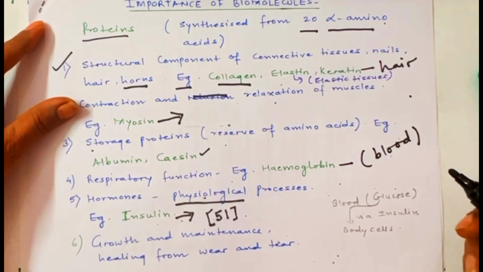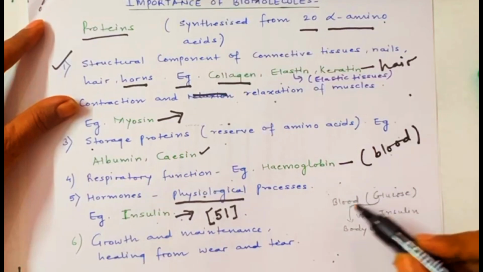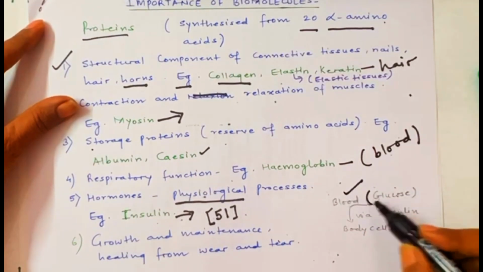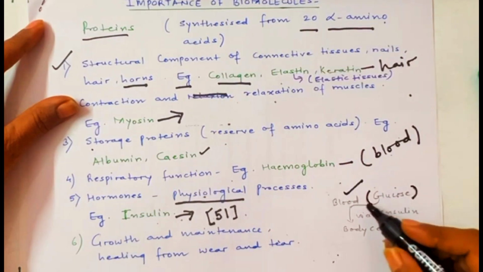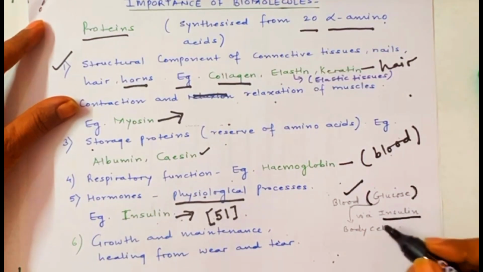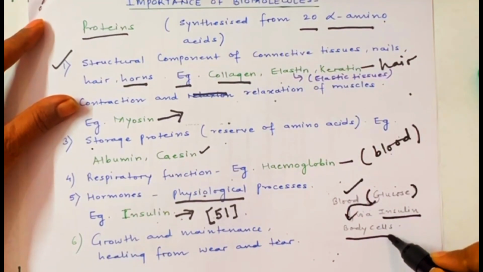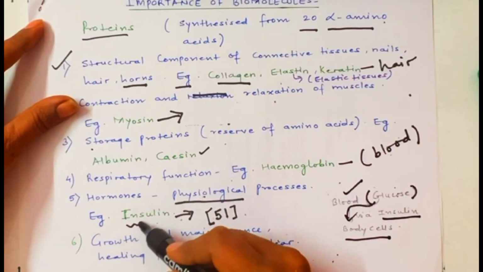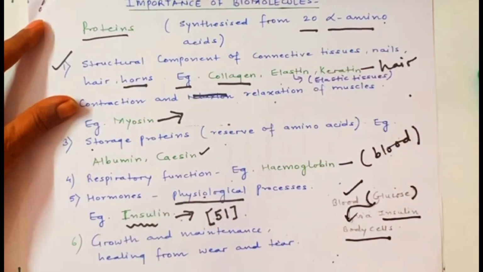So here we can see that when we consume carbohydrates, the glucose is transferred to the blood, and through the hormone insulin, the glucose is transferred to the body cells. So basically insulin functions as a mediator, maintaining the balance of glucose.